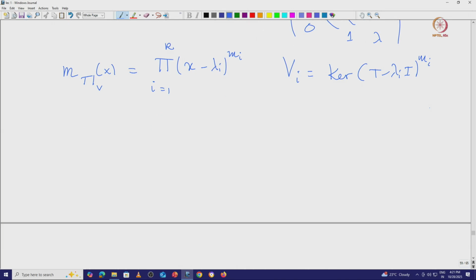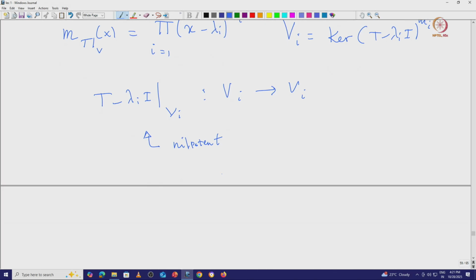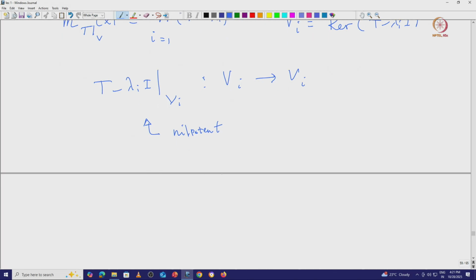Then we realize that T minus lambda i restricted to this V i maps V i to V i, and this acts nilpotently on V i. So now if we use the cyclic decomposition theorem on this operator, then you can write this V i as a direct sum of cyclic spaces.